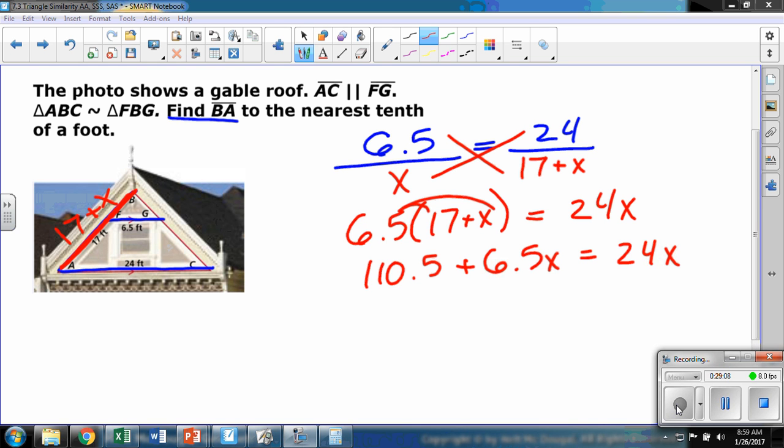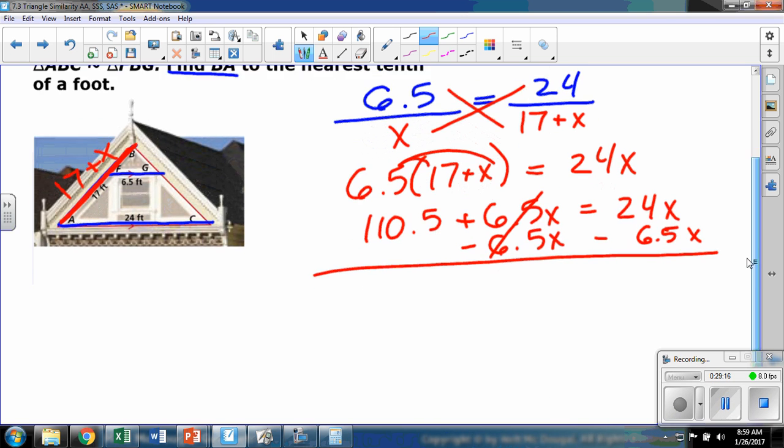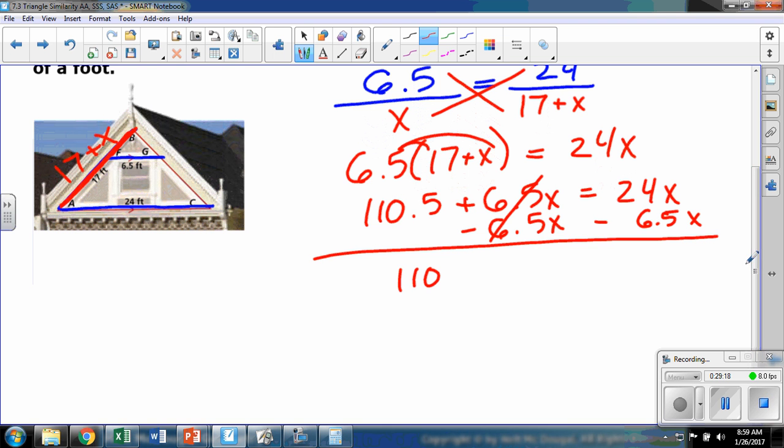To combine our like terms, we'd have to subtract over 6.5X, which would take us to 110.5. And 24 subtract 6.5 equals 17.5.